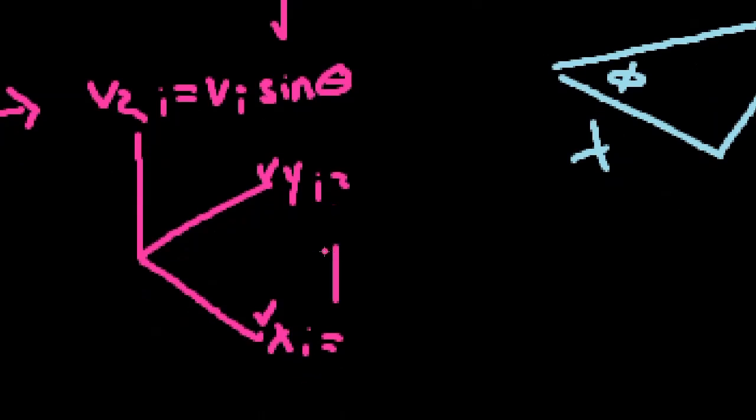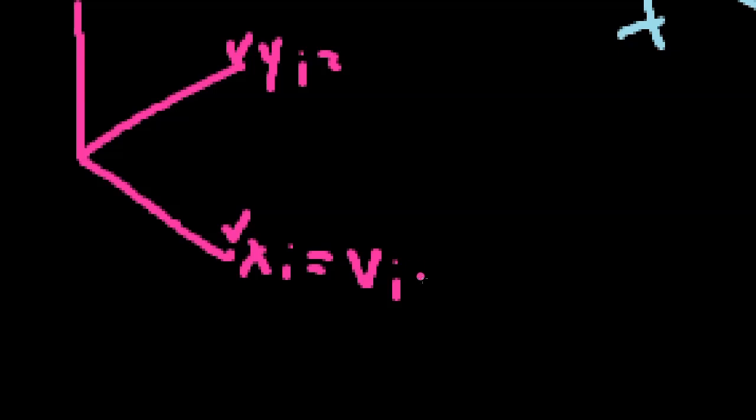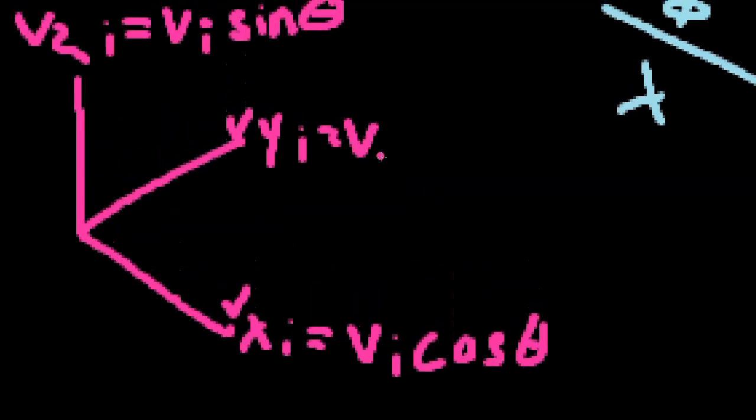The initial velocities in both the x and y plane start off in the exact same way: magnitude times the cosine of theta, as they are both adjacent to theta.